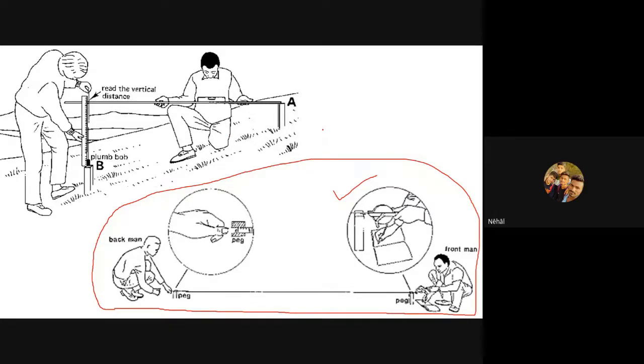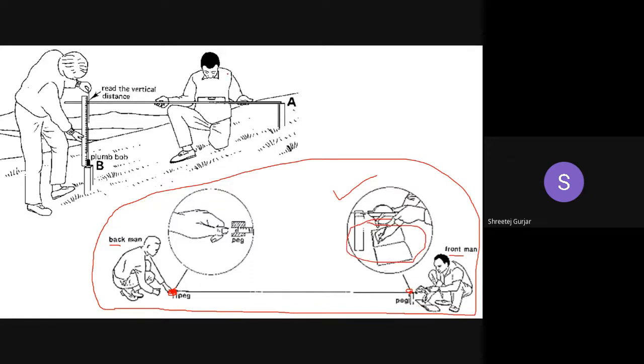They are doing some line work in alignment. They are measuring some distance. You can see the backman holding the end of the tape, and the front man here is measuring the distance and noting it down. Here you can see the distance.